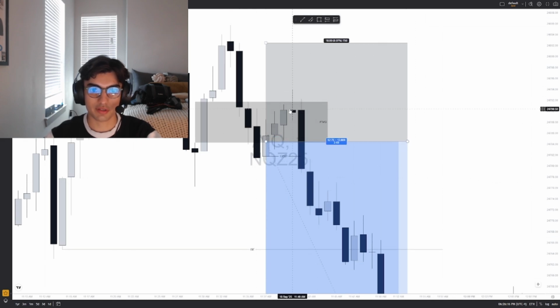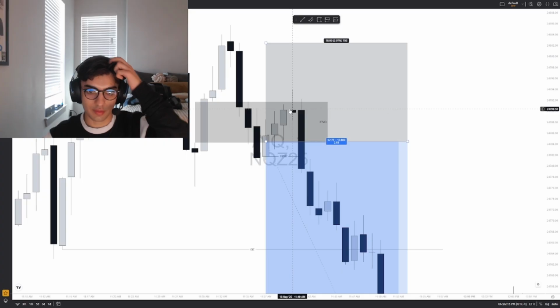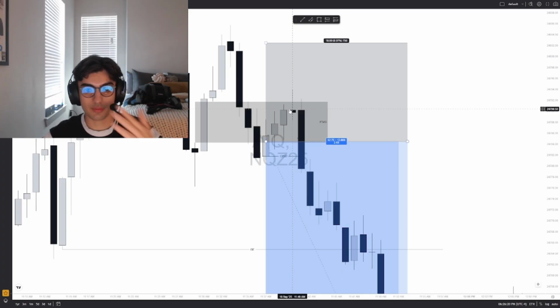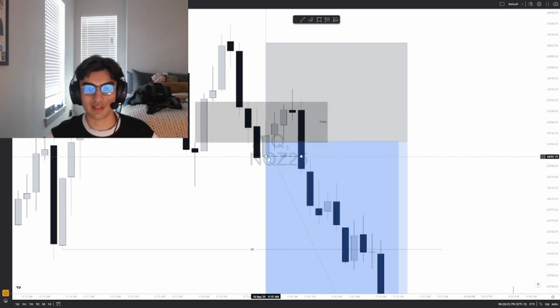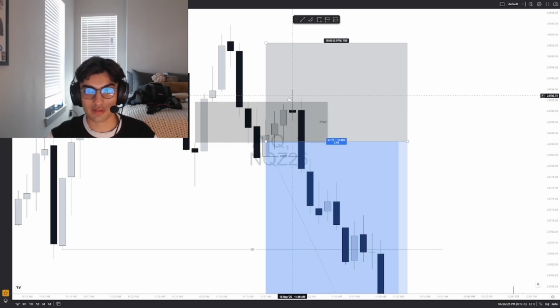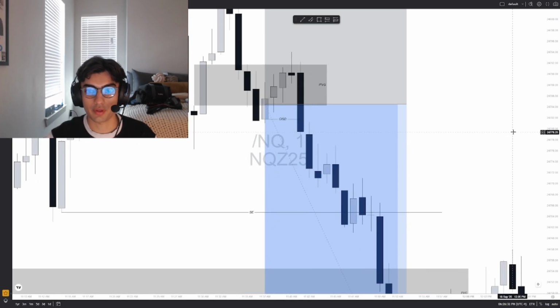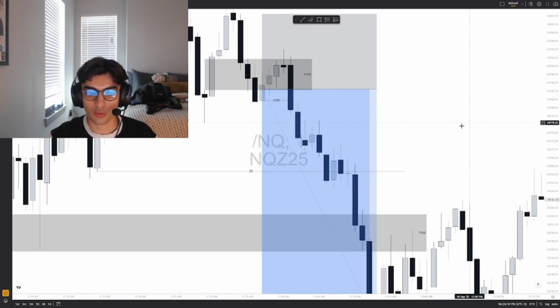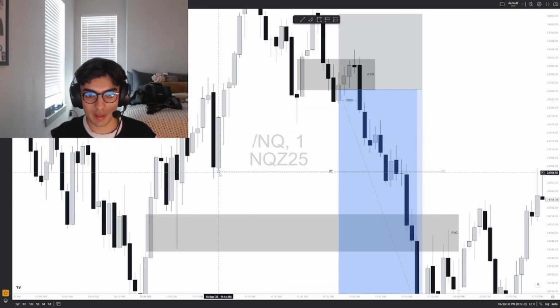Buyers did step in here, but for me to get that extra confirmation that we're going even lower, I wanted this level to get closed below. So that very next candle, it didn't close outside, dumped, gave me the change in state of delivery, continued down.